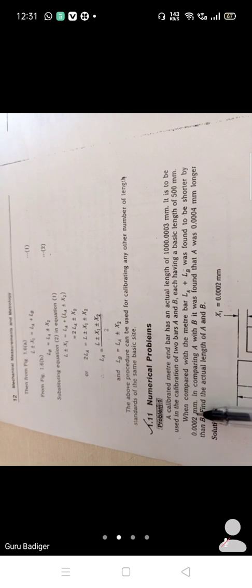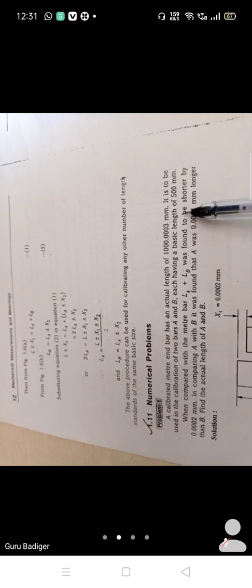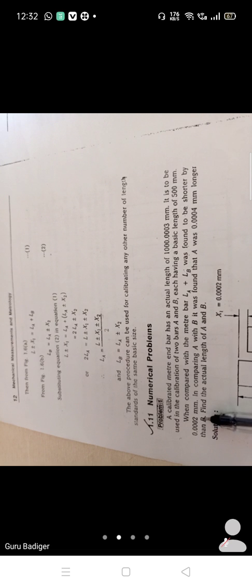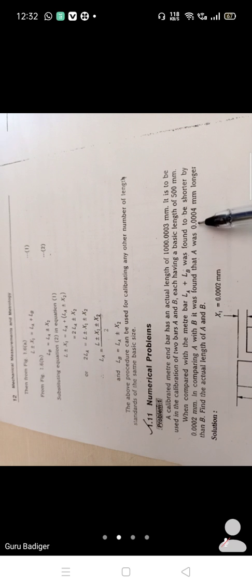When compared with the meter bar, LA plus LB was found to be shorter by 0.002 mm, right? In comparing A with B, it was found that A was 0.0004 mm longer than B. Find the actual length of A and B.